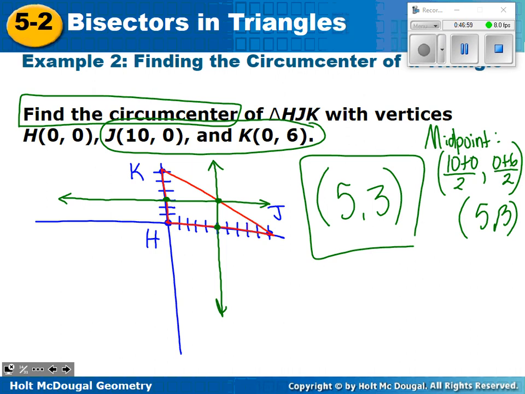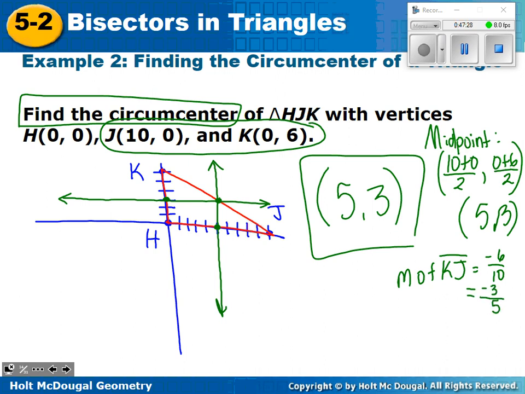So we know we're going to have a point that the line's going to go through this point, which it should because we just said that's the circumcenter, right? And then how do we figure out where to draw that line? The opposite reciprocal slope. So what's the slope of KJ first? Down 6, right 10, which reduces to?